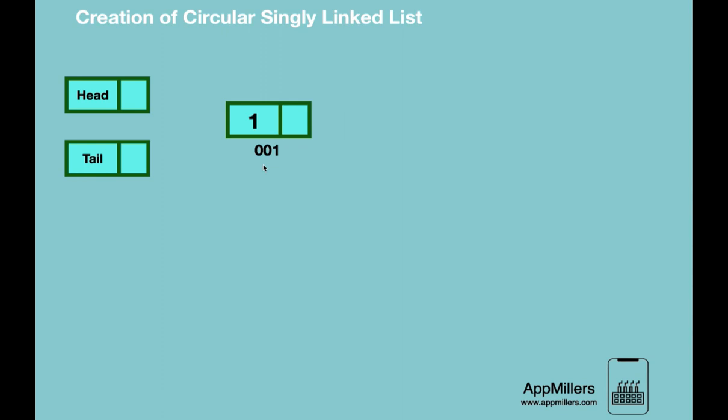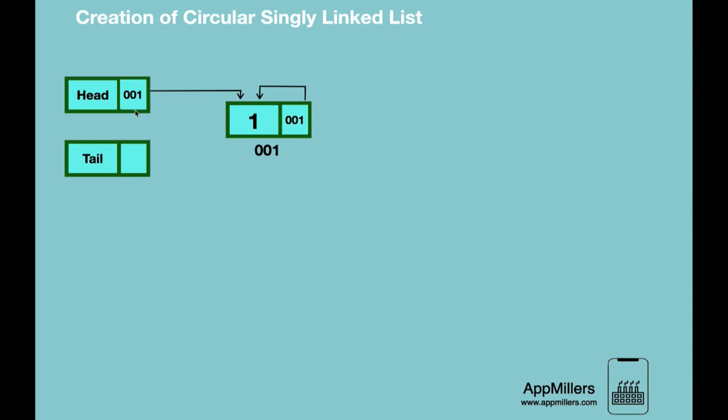But here we know that the last node references the first node, so in our case, this is the only node that we have, which means that it is the first node and the last node, so it has to reference itself. So the reference value of this node over here will be itself. Then we need to assign references to head and tail, which will be 001, because 001 is the physical location of this node in the memory.